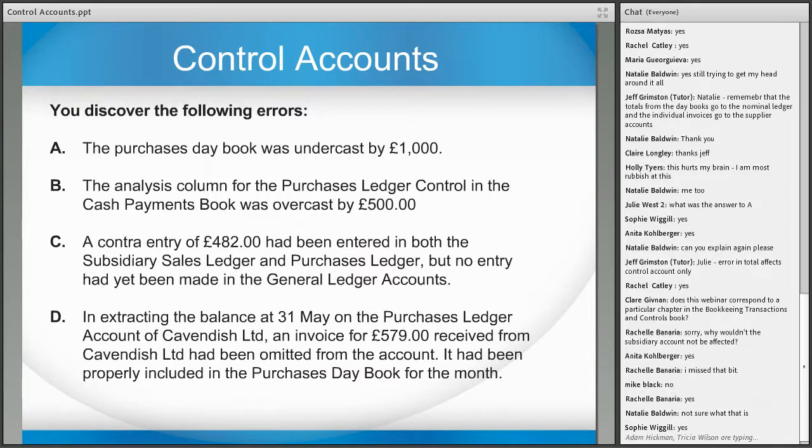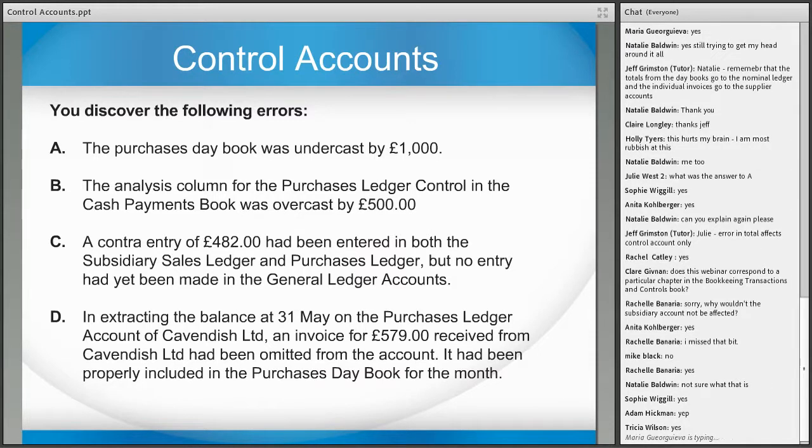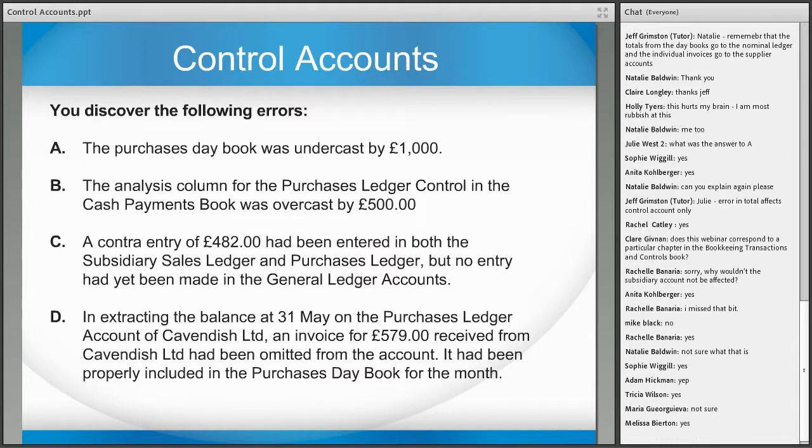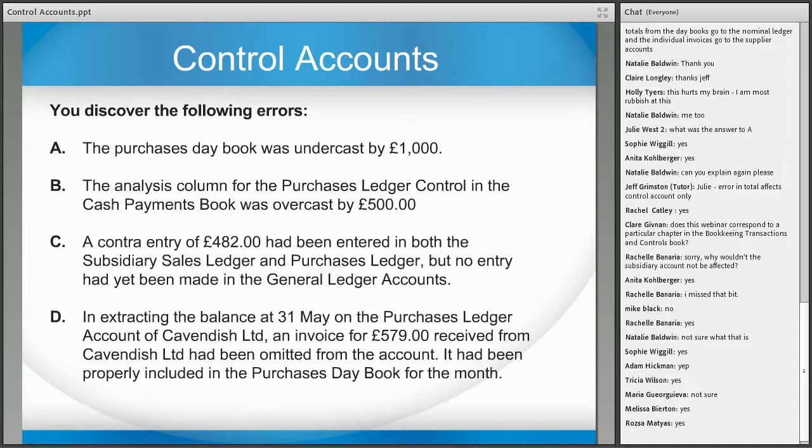Yes. Right, so just briefly, for those that are possibly not, if we're selling to and buying goods from the same company, rather than make a payment and receive a payment from that company, we would just contra an amount between the two.